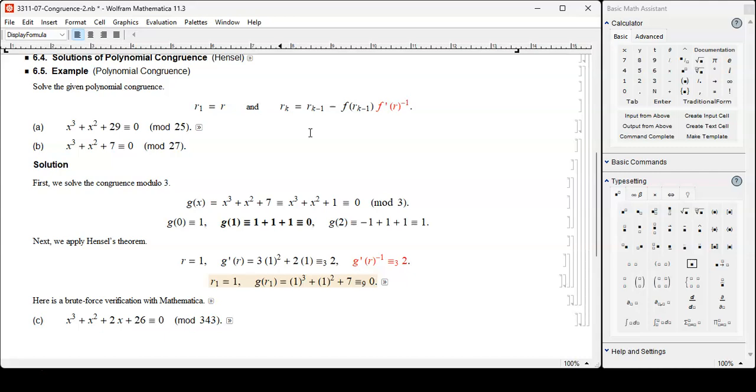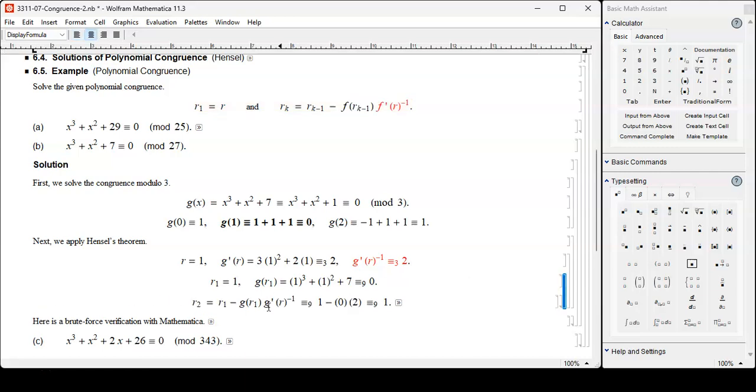And then let's find out r2. So you see, that's r1, that's 1, and g of r1, that's 0. And then this one is 2, but it does not contribute this time because multiplied by 0, it'll disappear. So r2 is 1 again.